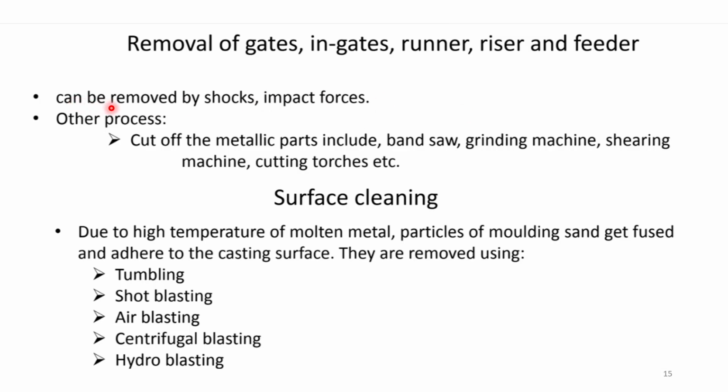These can be removed by shocks, impact forces, and other processes such as cutting off the metallic part, including band saw, grinding machine, shearing machine, cutting torches, etc. All these tools are required for removal of gates, ingates, runners, and risers.